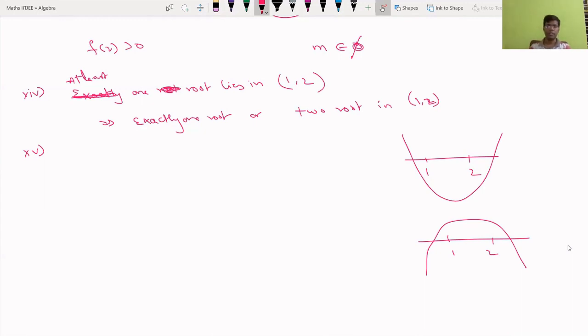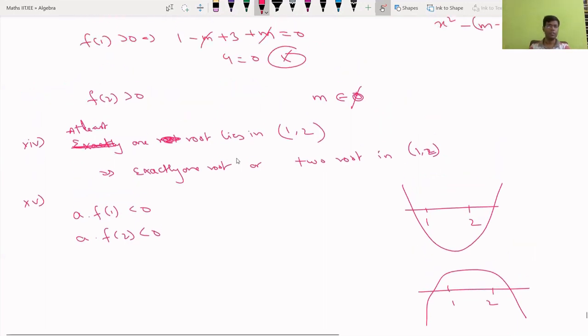In this case, the condition is very simple. We have to just check a f of 1 is less than 0 and a f of 2 is less than 0. So for the first one, f of 1 will give me 4, which is less than 0. Again, this is not possible.